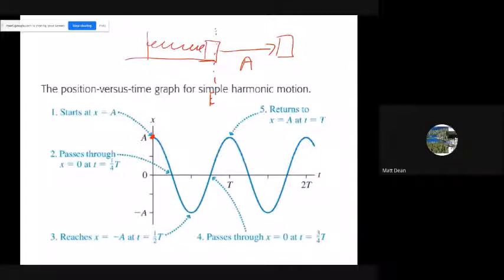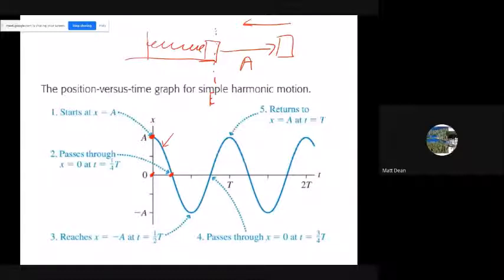When we let it go, it's going to start moving back toward equilibrium. Notice at this point A, we're far away from the equilibrium position of 0. Now it starts to shoot back toward that equilibrium position. So the position goes down. Here the position gets to 0.